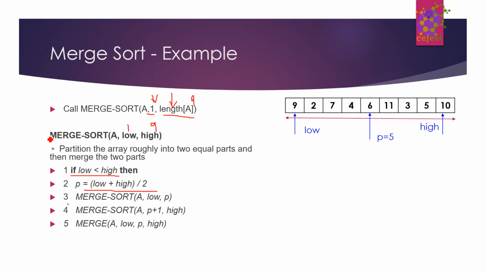In step 3, we call merge sort with low and p. Note p is 5, low is 1, and high is 9.